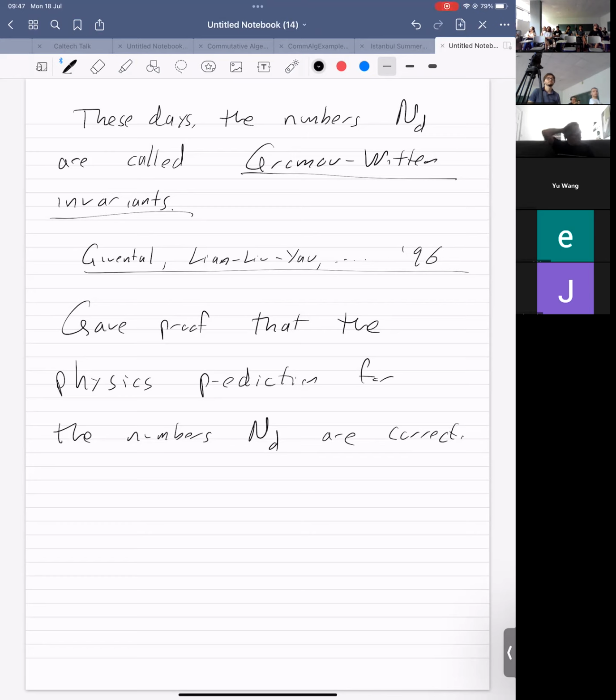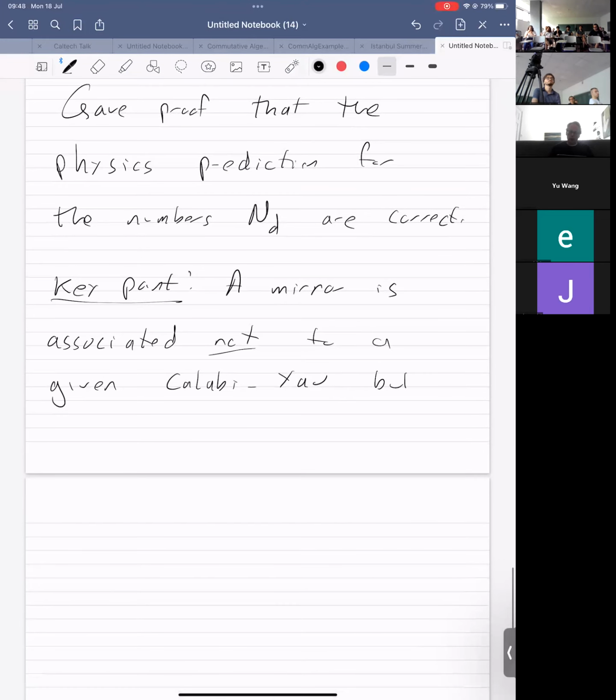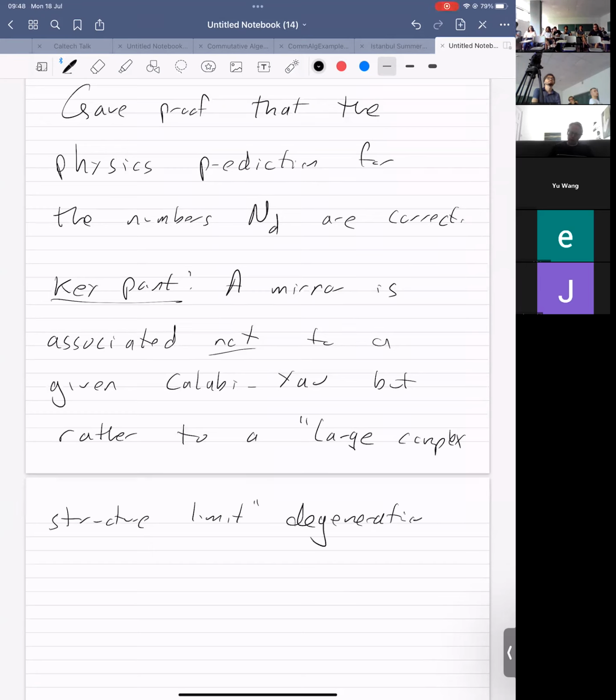A key point that was understood in the early 90s is that a mirror is associated not to a given Calabi-Yau, but rather to what was originally called the large complex structure limit, a degeneration of Calabi-Yaus.